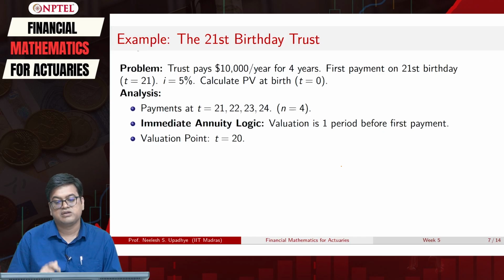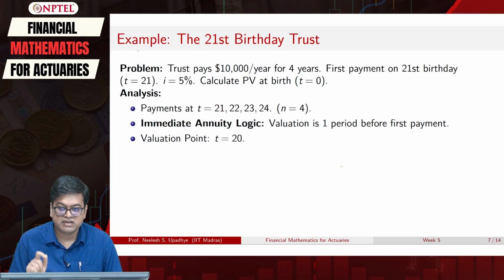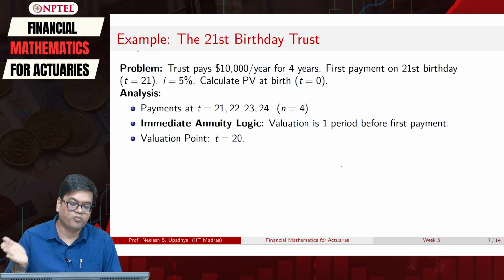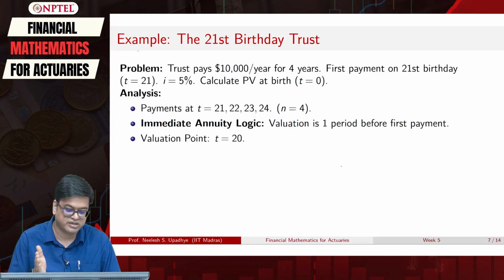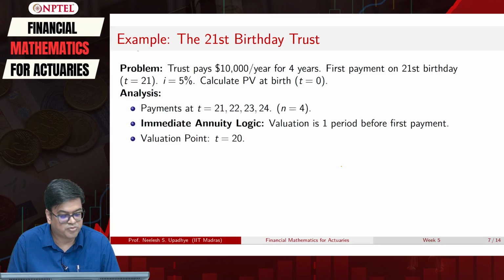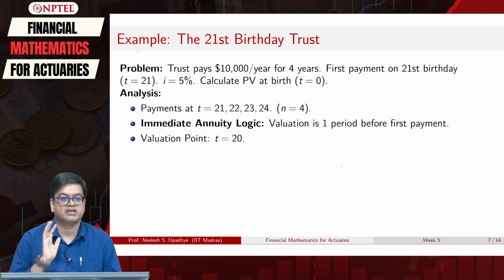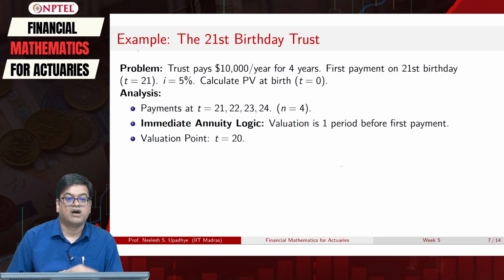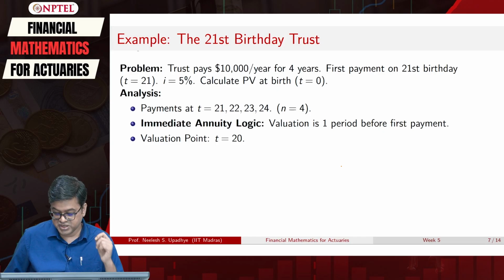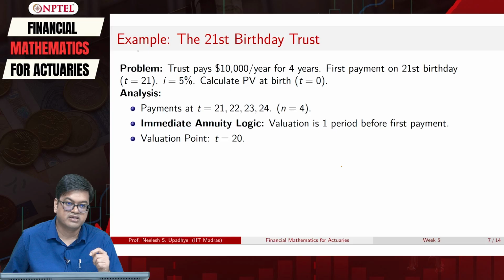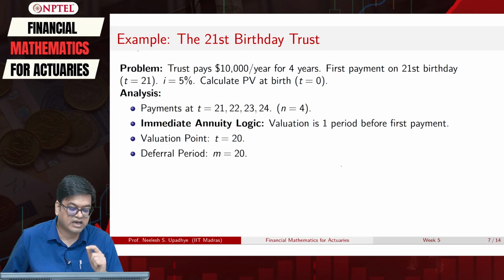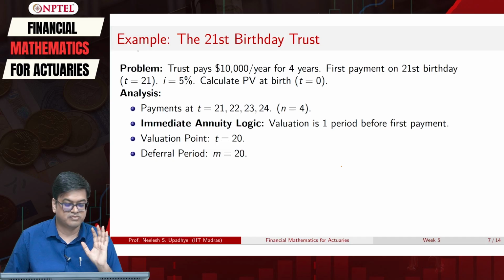If I am considering the immediate annuity logic, it should happen one period before the first payment, right. So I will look at time point t is equal to 20. By how much time am I deferring from t is equal to 0 onwards, right. So the deferral period that I am interested in is 20 years.